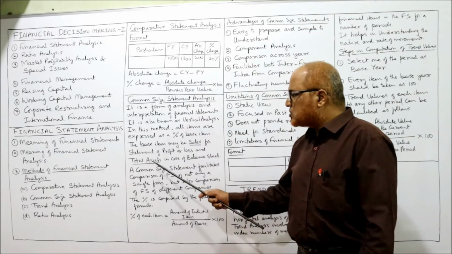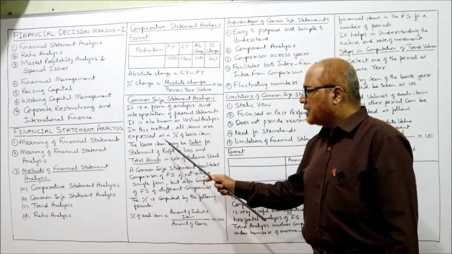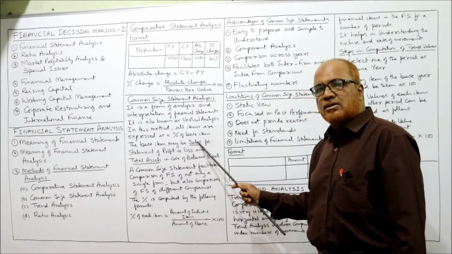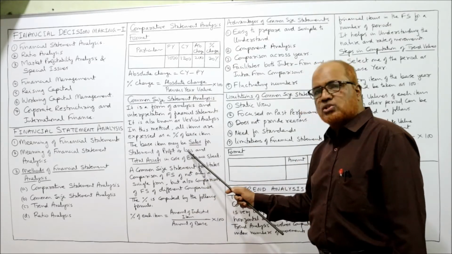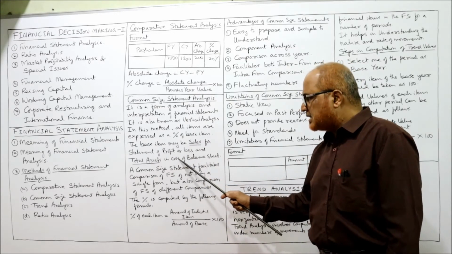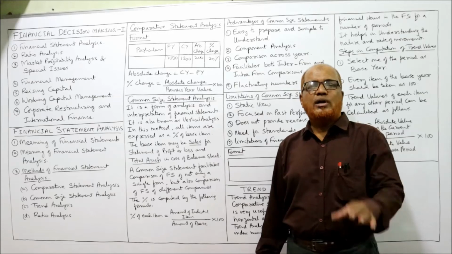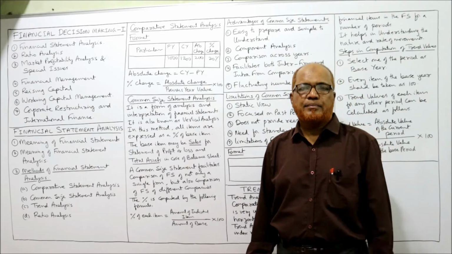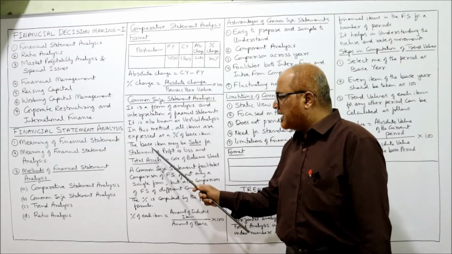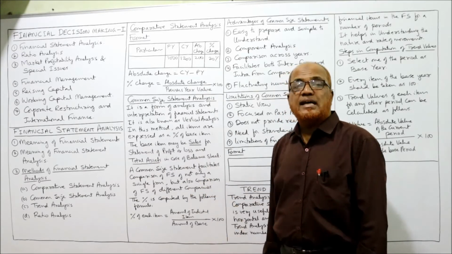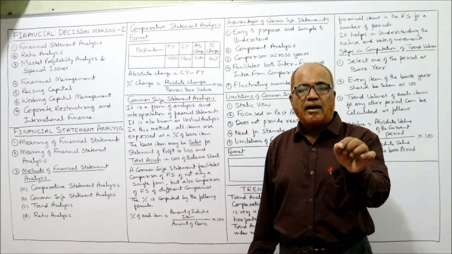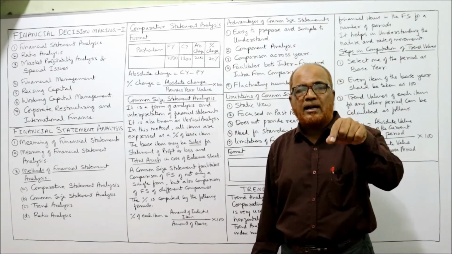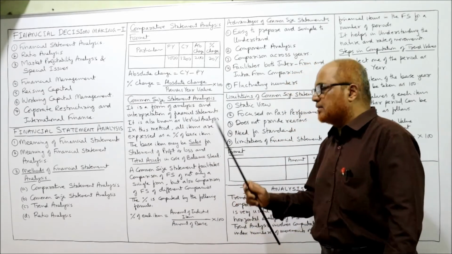Example, in case of income statement, the base item may be sales for statement of profit or loss and total assets in case of balance sheet. So if you are making common size income statement, in that case sales will be taken as the base. Sales will be taken as the base and express all other items as a percentage of sales.